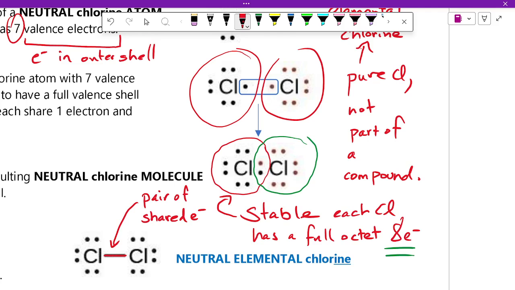That is a covalent bond. And that is natural, neutral, elemental chlorine. That chlorine has no charge. 0 charge.